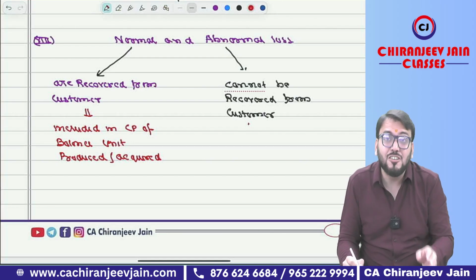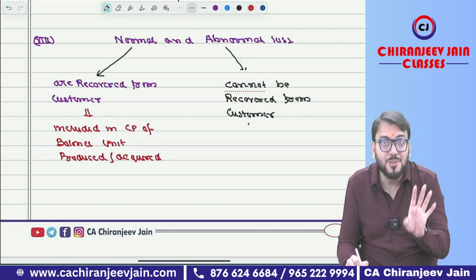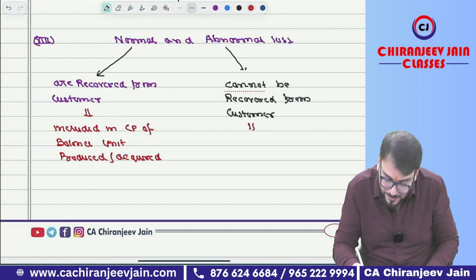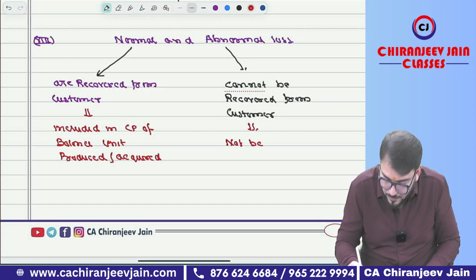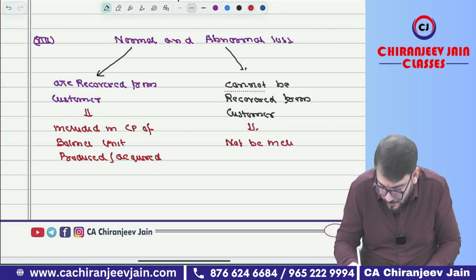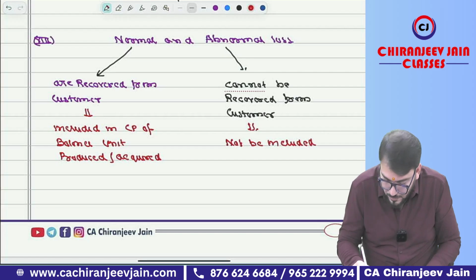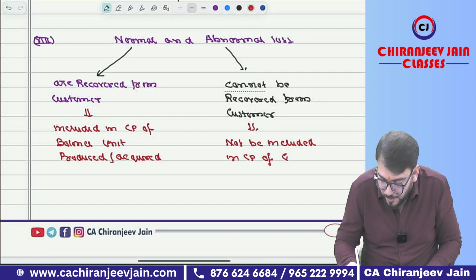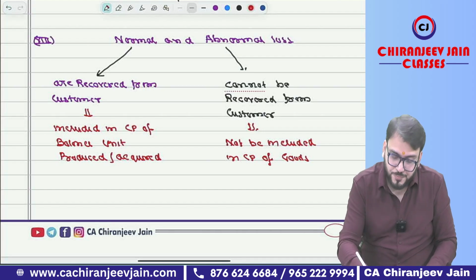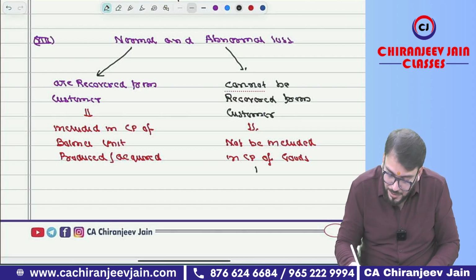But abnormal loss cannot be included in the cost price of goods, correct? Because it cannot be recovered. So it will not be included in the cost price of goods. Are you able to understand?